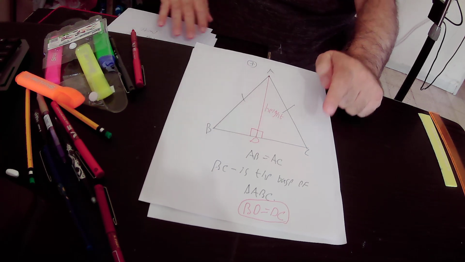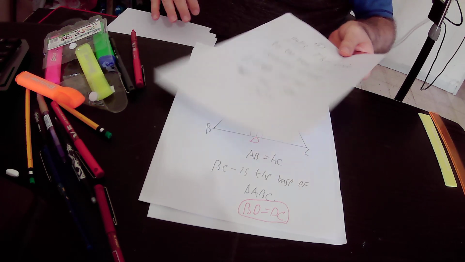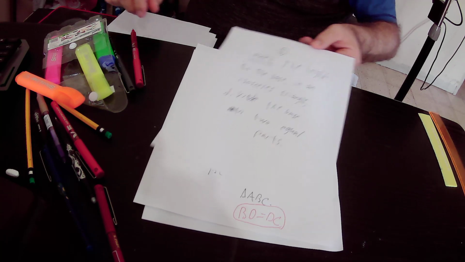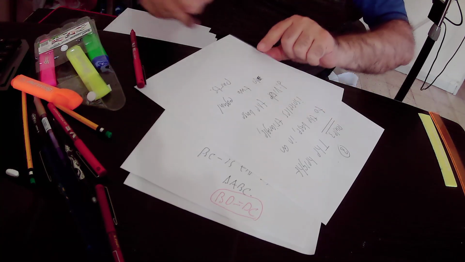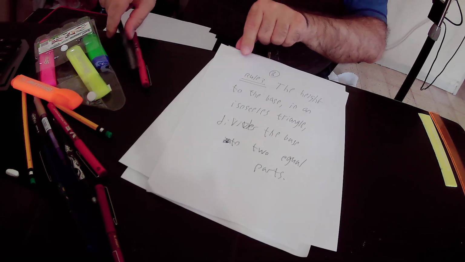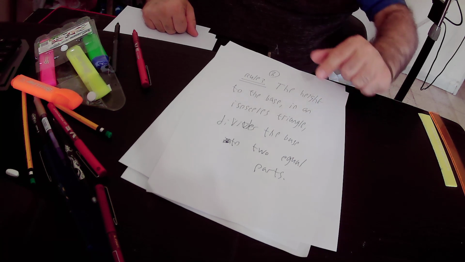According to rule number 3, the height to the base in an isosceles triangle divides the base into two equal parts.